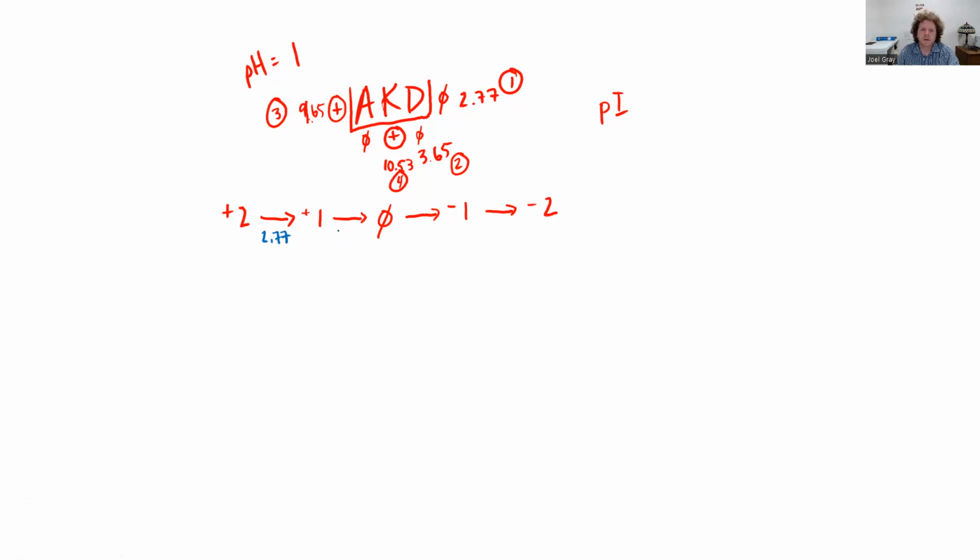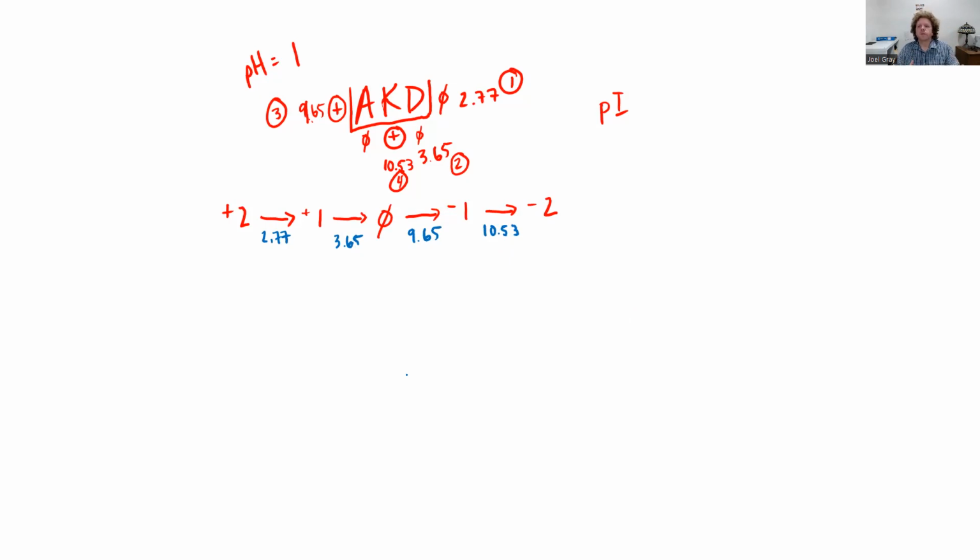Next up is 3.65. That's when my molecule is going to transition from +1 to 0. My molecule will transition from 0 to -1 around a pH of 9.65. And the last pKa, 10.53, is where, when my pH is equal to 10.53, I have an equal ratio of the -1 charge form and the -2 charge form of the molecule.